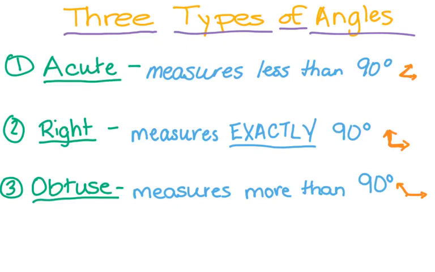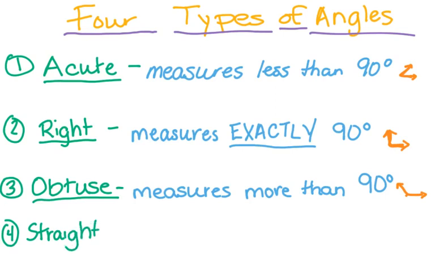Now, I really should have said, I guess I just need to say there are 4 types of angles. The last one I want to tell you about is a straight angle. A straight angle is exactly what you think it is.